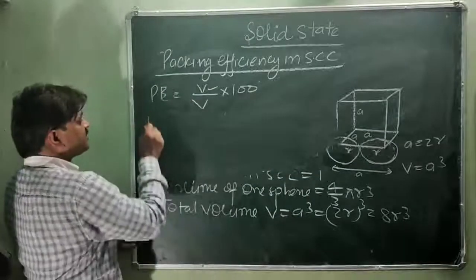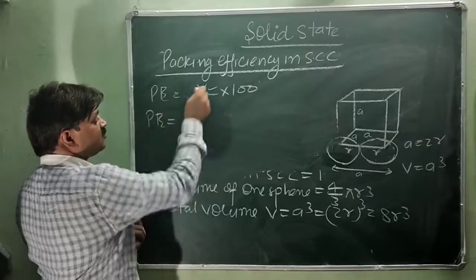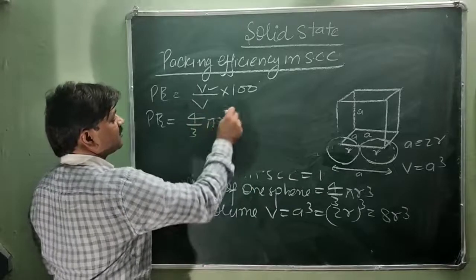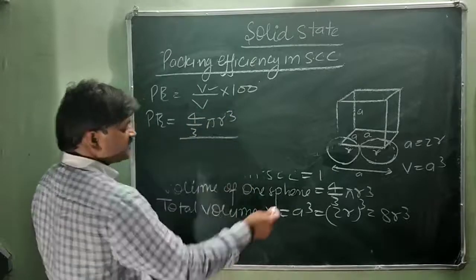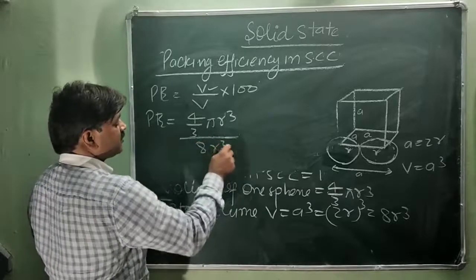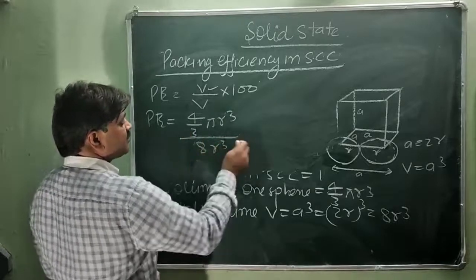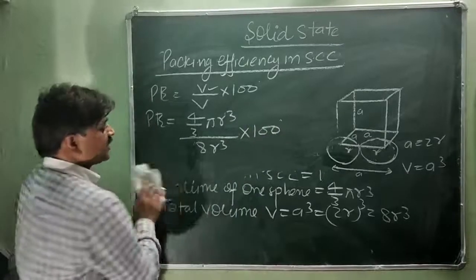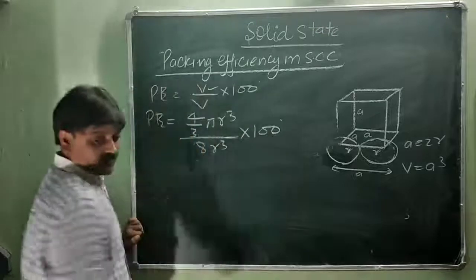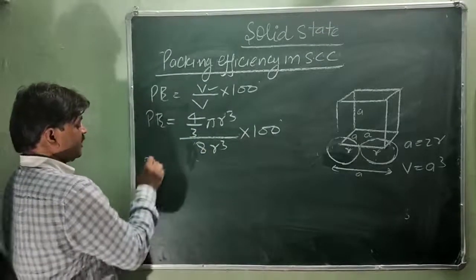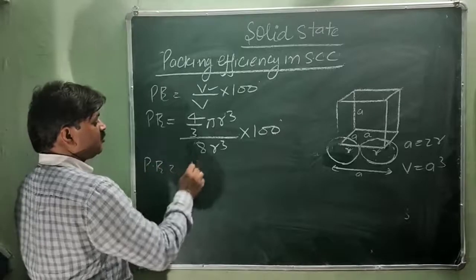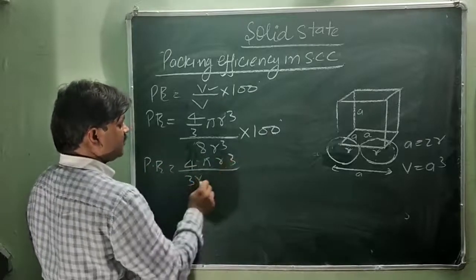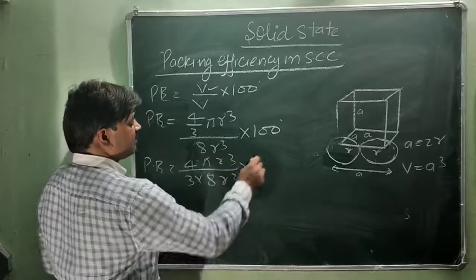So here packing efficiency is equal to the v value, 4 by 3 pi r cube, upon this 8 r cube, into 100. So we can write here packing efficiency is equal to 4 by 3 pi r cube upon 8 r cube into 100.